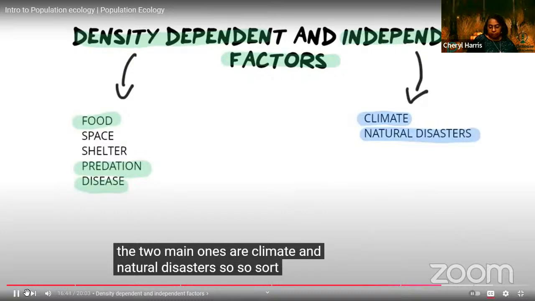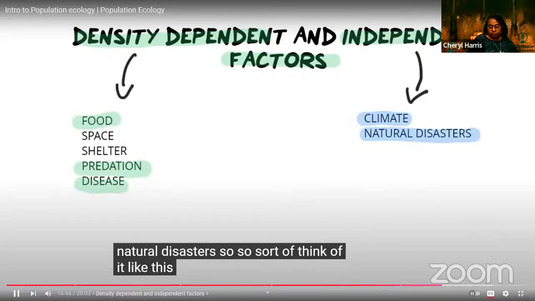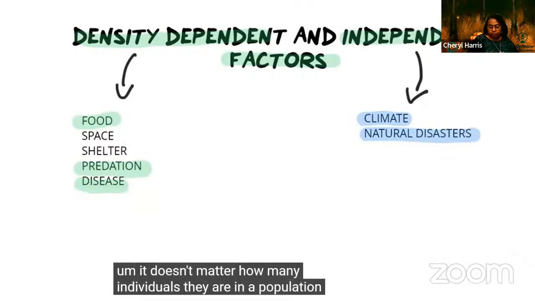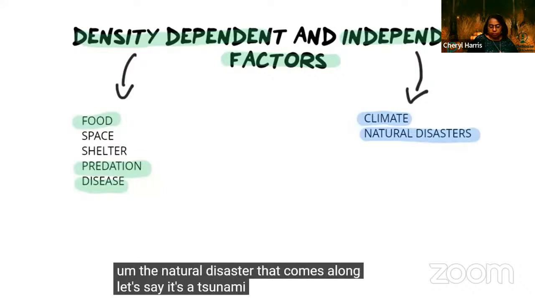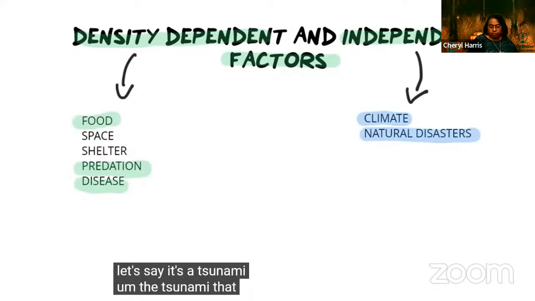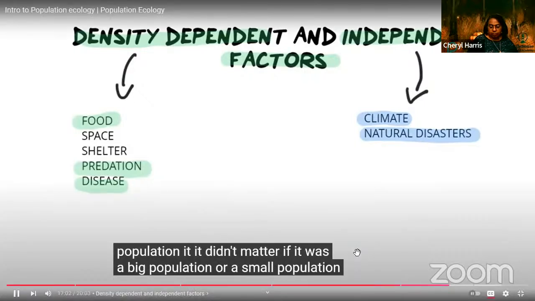So think of it like this. It doesn't matter how many individuals there are in a population. The natural disaster that comes along, let's say it's a tsunami, wipes out the population. It didn't matter if it was a big population or a small population.